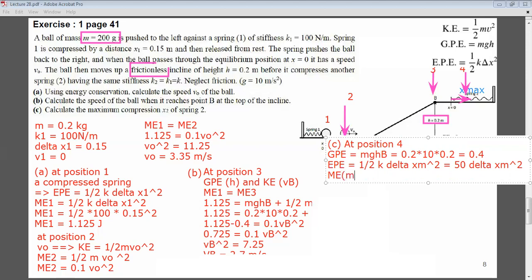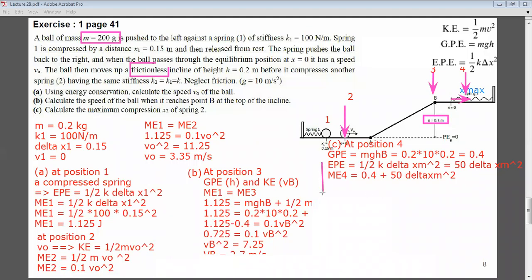Mechanical energy at maximum compression or at position 4 is equal to 0.4 plus 50 delta X maximum square, because it's the GPE plus EPE. Now mechanical energy initial, which is at position 1, is equal mechanical energy at position 4.